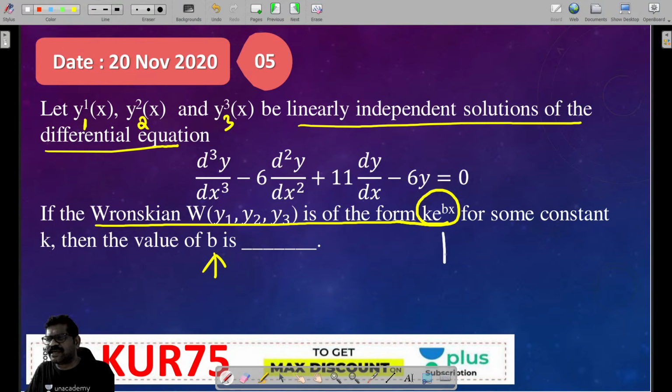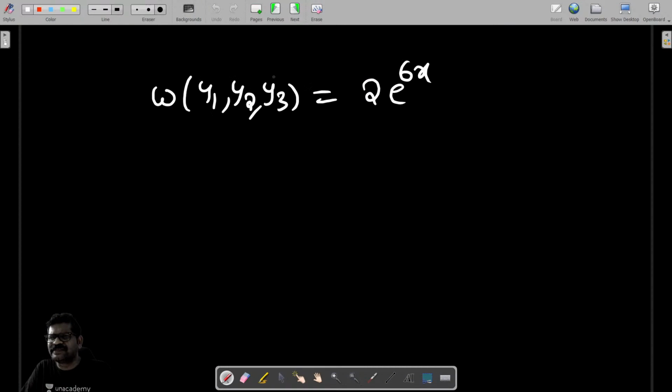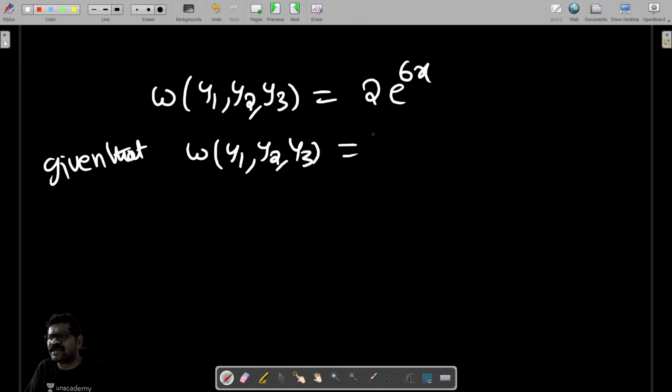What is the Wronskian here? Given that the Wronskian of y1, y2, y3 is k into e power bx.